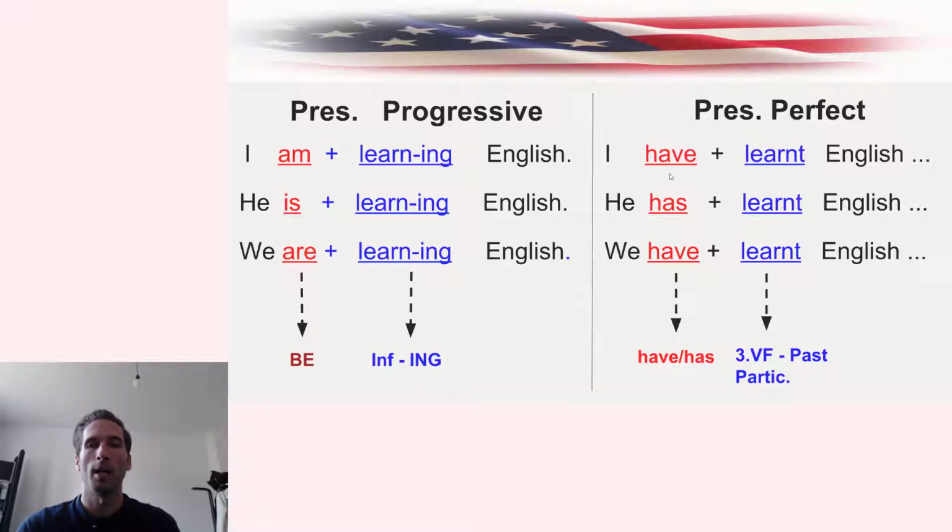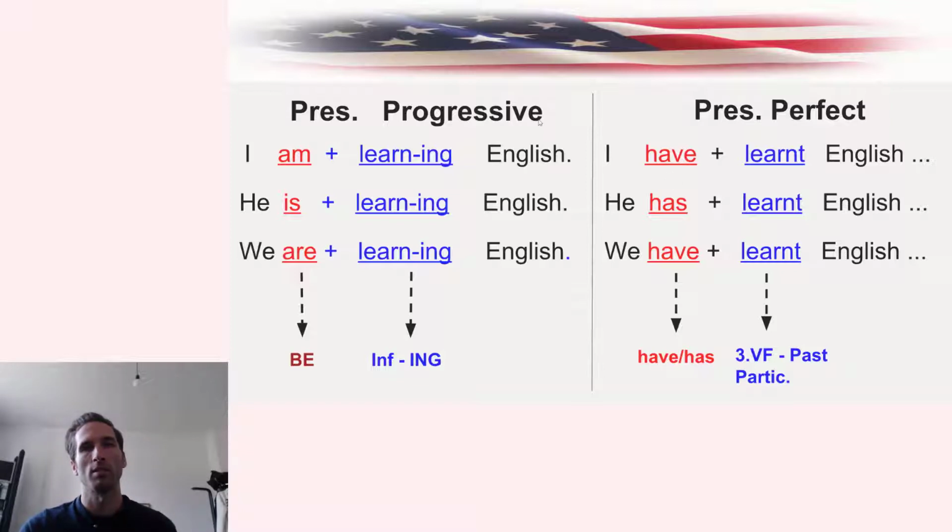So I hope I was able to make this a little more clear as far as helping verbs and how the tense is built. Now, if you're wondering about the usage of both of these tenses, I give you a very quick review here.